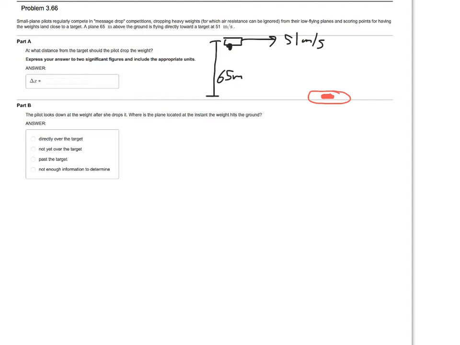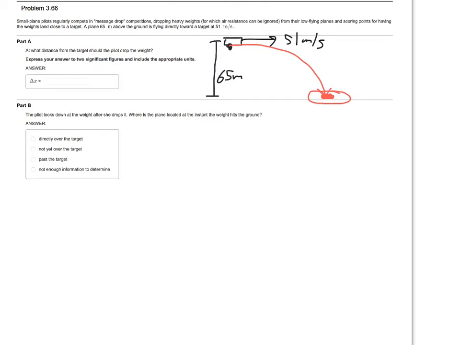Those are two things the problem isn't clear about, but otherwise this problem would be impossible. So we're flying at 51 meters per second. That means, and this is key, that package or that object that we're dropping is also traveling at 51 meters per second horizontally. And so it's going to go and fly through the air and land on the target here.